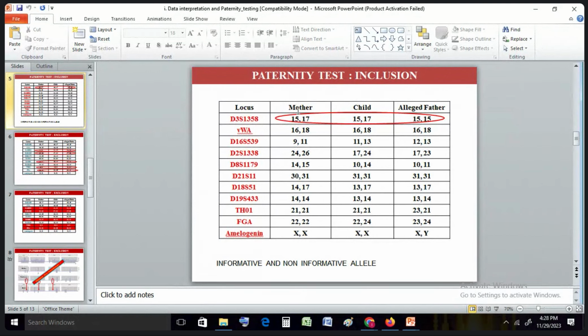If it is clear, now check one by one. First locus. The result of the mother is 1517. What does 1517 mean? কেউ একজন বলো। Is it heterozygous or homozygous? Heterozygous. Good.